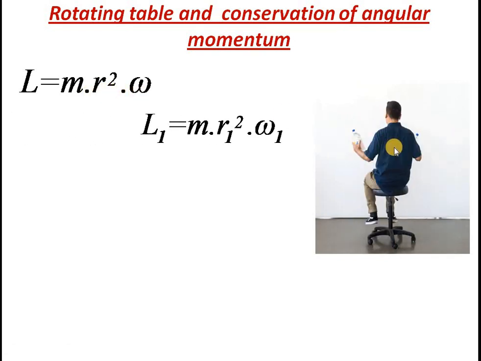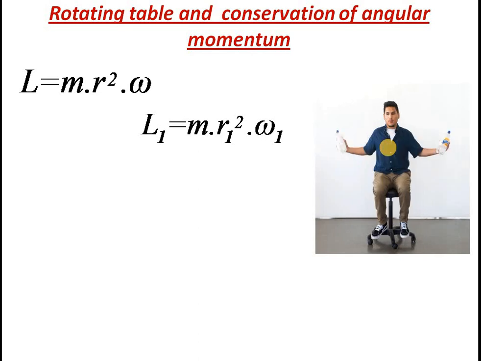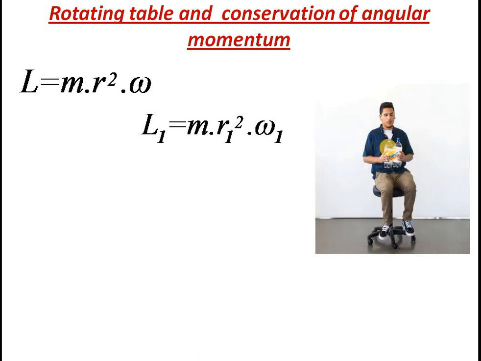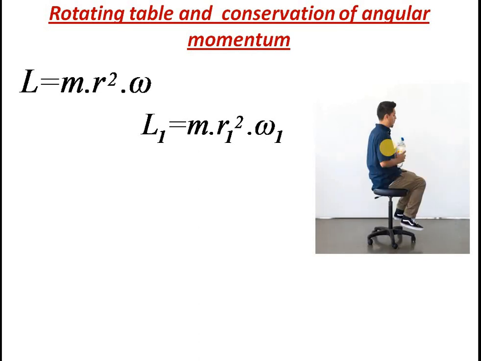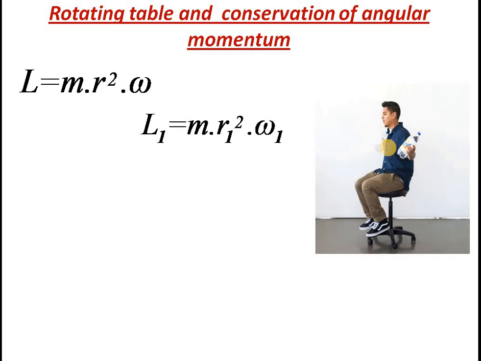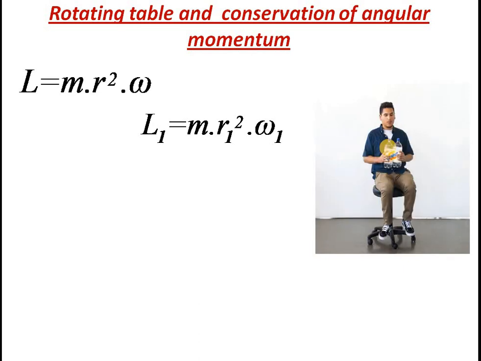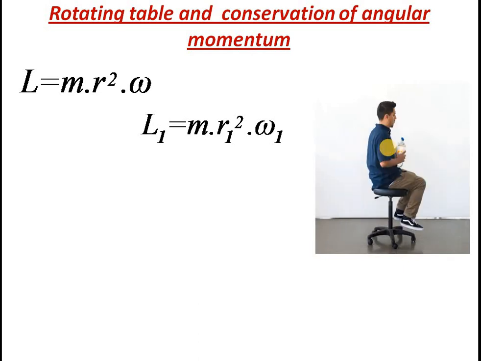And now you see that in the figure he is extending his hands. On both hands he has held some bottles, and he is extending and bringing in the arms. So what happens? His arms' distance from the axis of rotation increases. But angular momentum is constant always.